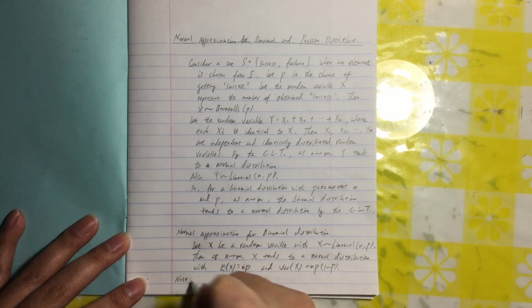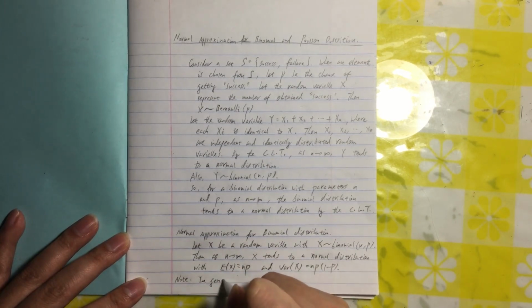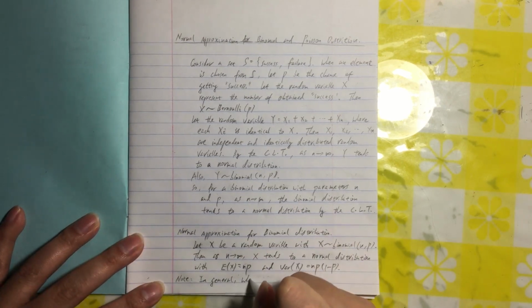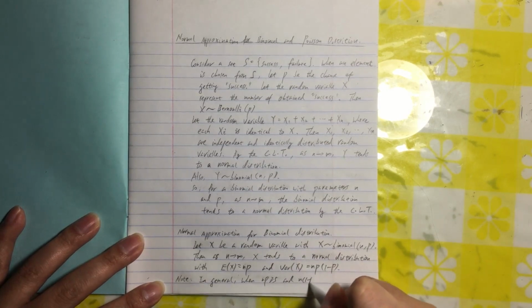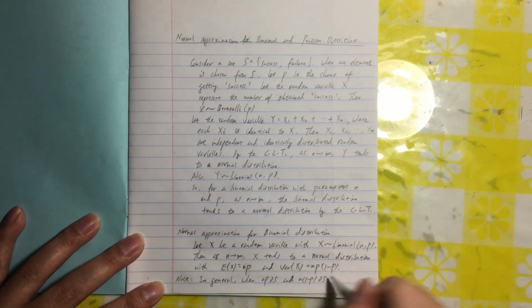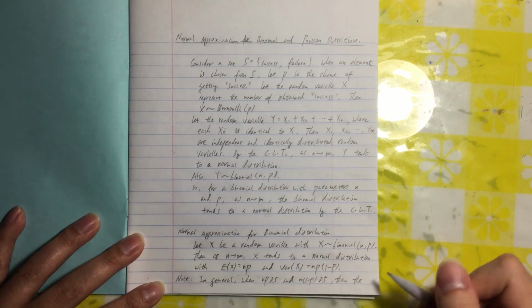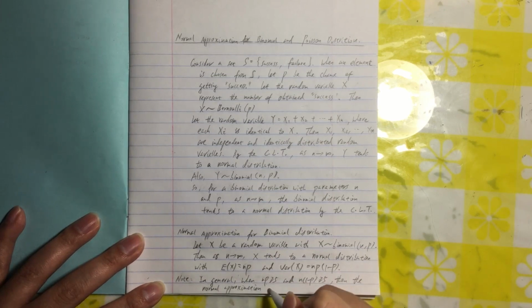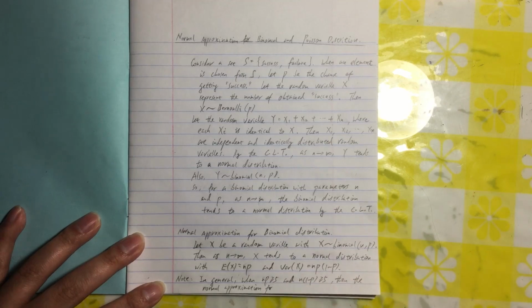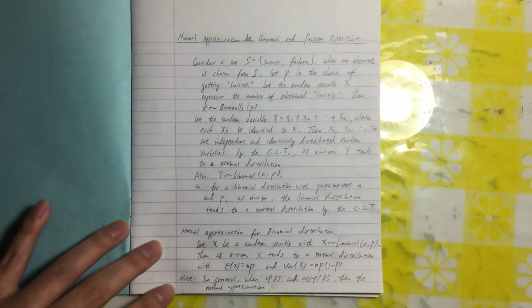Note, in general, when n times p is greater or equal to 5, and n times 1 minus p is also greater or equal to 5, when they are both greater or equal to 5, then the normal approximation is a good approximation for the binomial distribution.